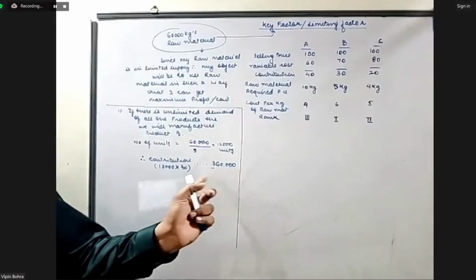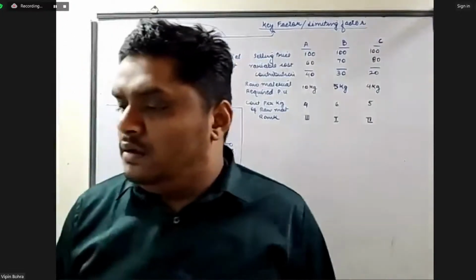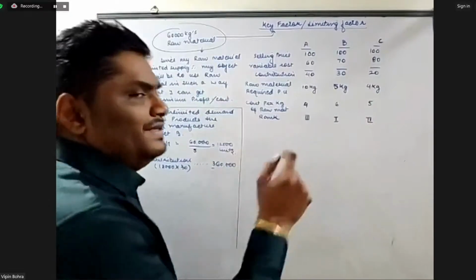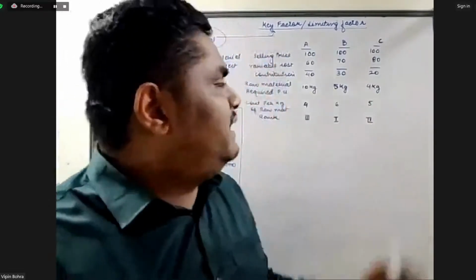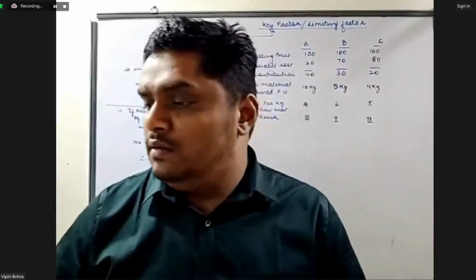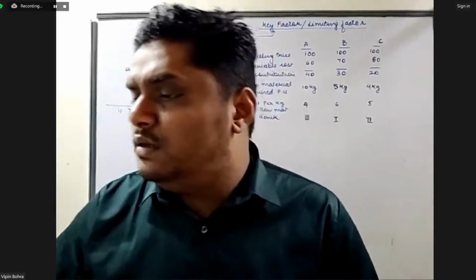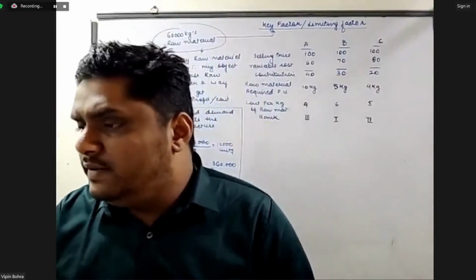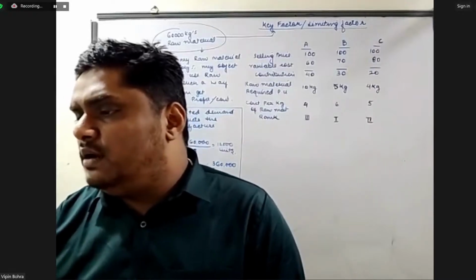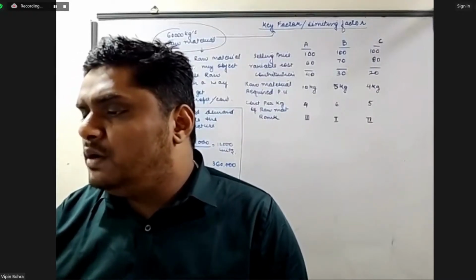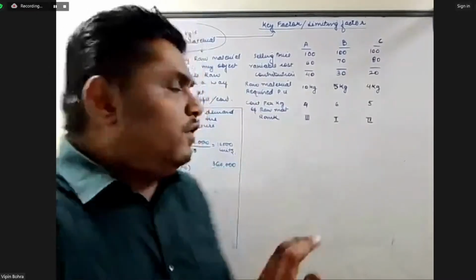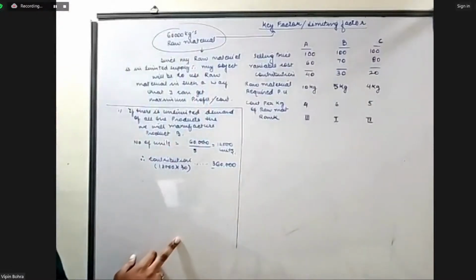Yes, for B it is 3,60,000, Sanya. For A it is 2,40,000. And for C it is 3 lakh. Please recheck your answer, Sanya. Any doubts, anyone? Bhaskar, Rohan, any doubts? Anandita, Vaibhav Sharma. For B, it is 3,60,000. I have already calculated 3,60,000.